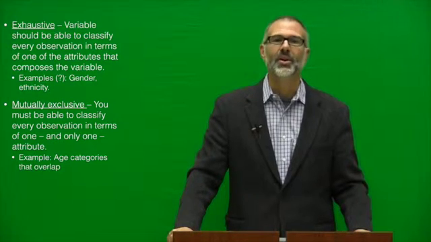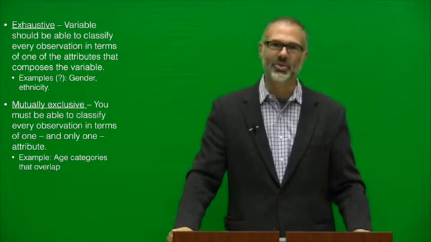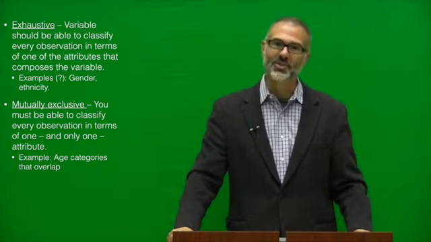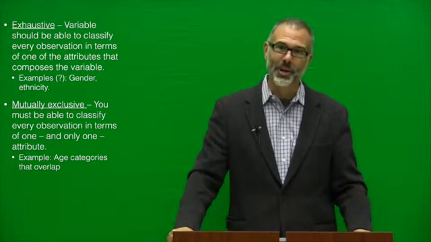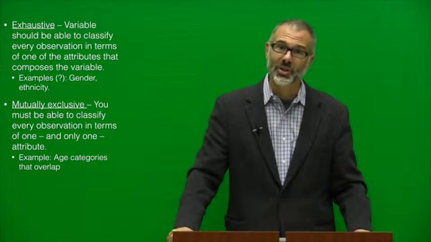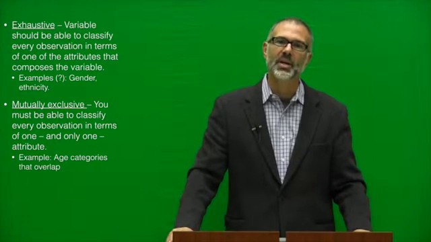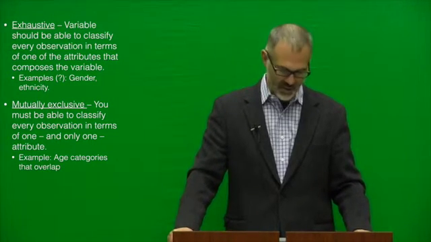So I can't say age 10 to 20, age 20 to 30, age 30 to 40, because in each of those examples there's an overlap. In the first example, it was 20 that was overlapped. In the second example, it was 30 that was overlapped. So the categories need to be exclusive and exhaustive.